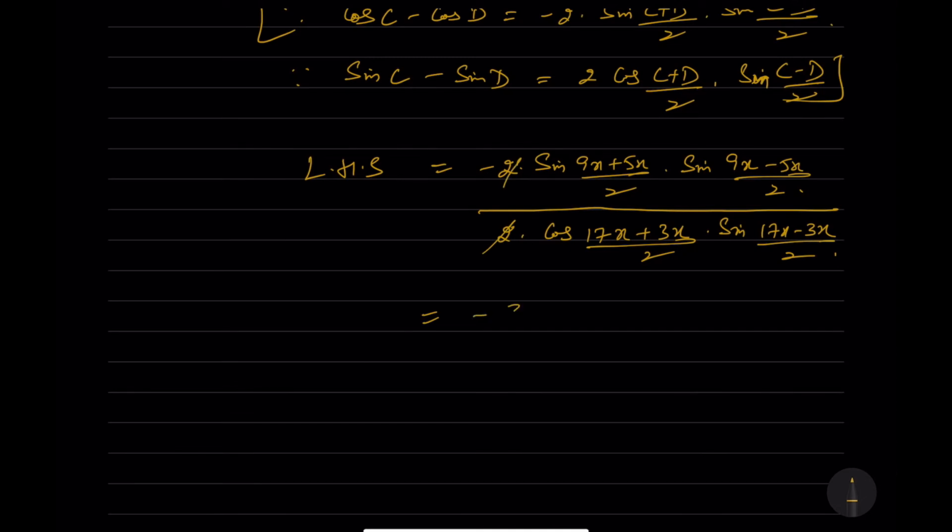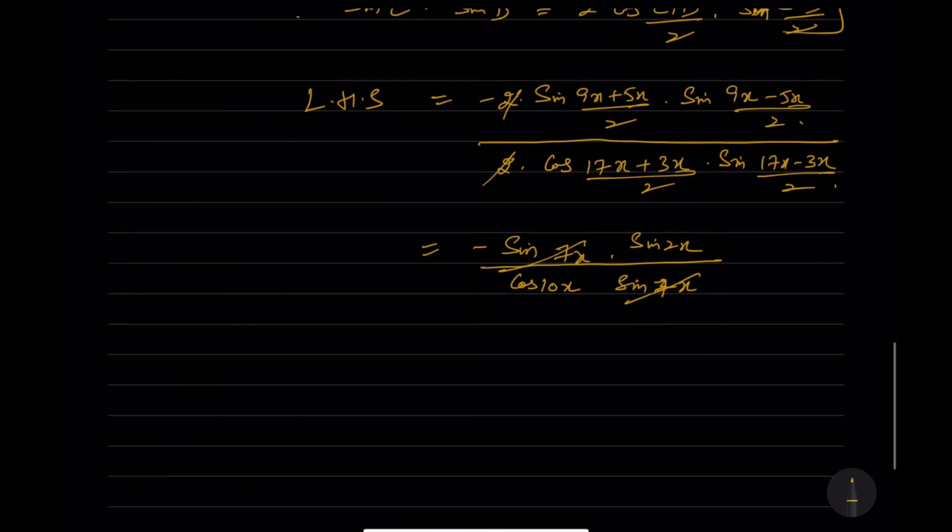So you're getting minus sine of 14 by 2, which is 7x, into sine of 4x by 2, which is sine 2x, divided by cos of 20 by 2, which is cos 10x, and sine of 14x by 2, which is sine 7x. So sin 7x and this will get cancelled, so which is equal to minus sine 2x by cos 10x, which is equal to RHS, hence proved.